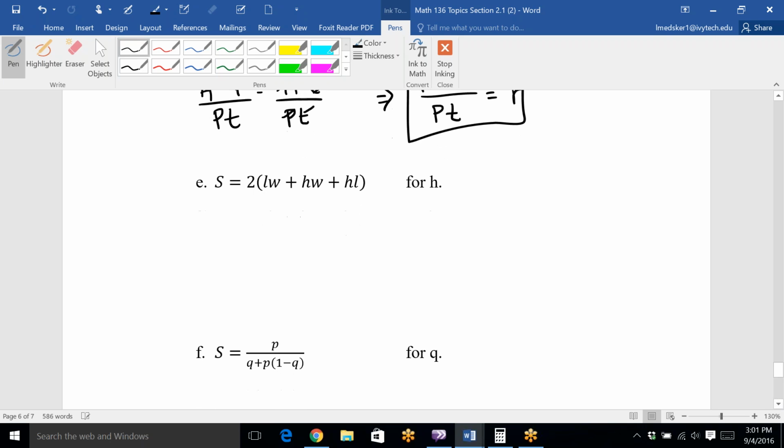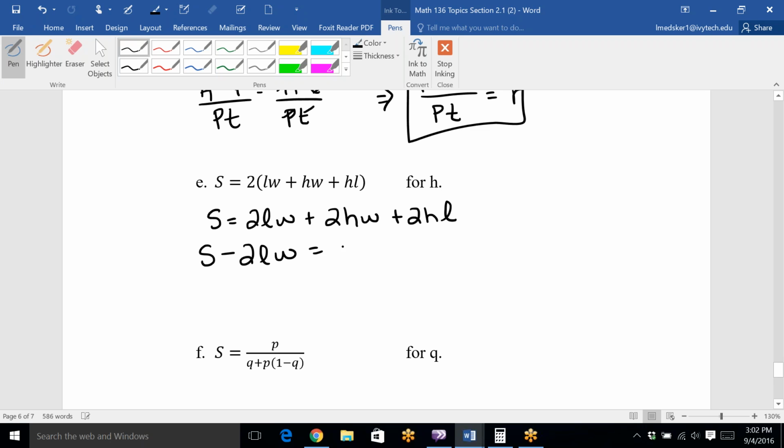For the next one, we're supposed to get h by itself, but there's lots of h's, and some of them are in parentheses, so it's better to distribute that first. So the 2 goes to everything. Anything that does not have an h needs to go to the other side, so the 2LW needs to move over.